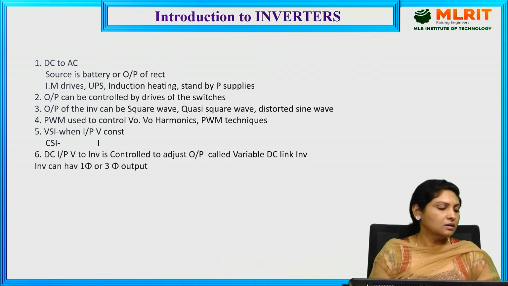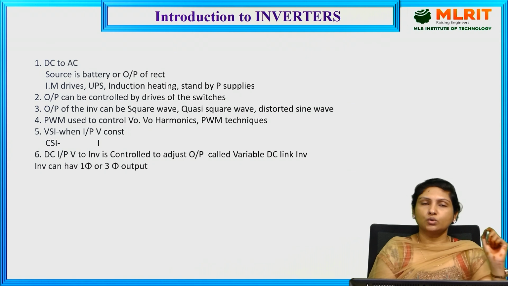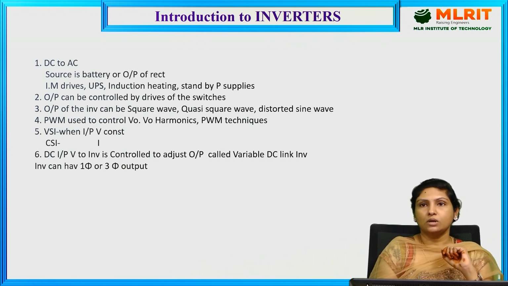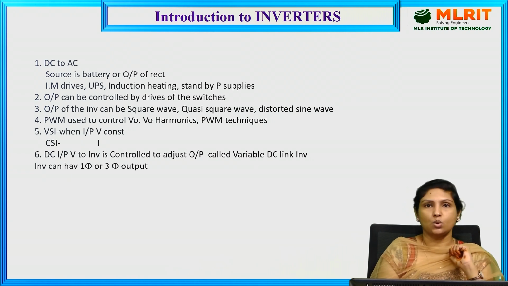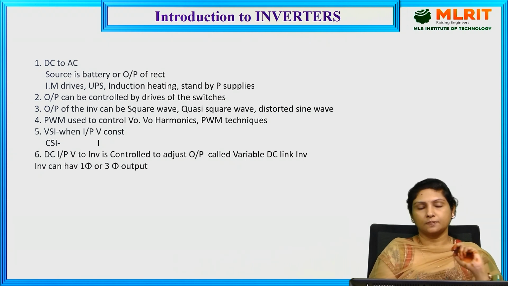And here the DC input to the inverter is controlled to adjust the output voltage, and we call these variable link DC voltages. And from the inverter we can obtain single phase or otherwise three phase output.